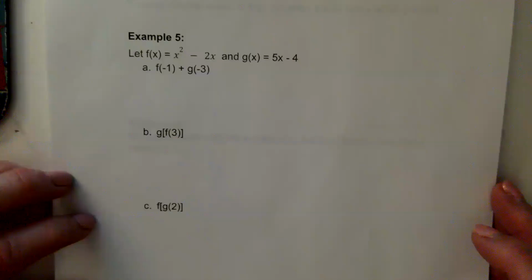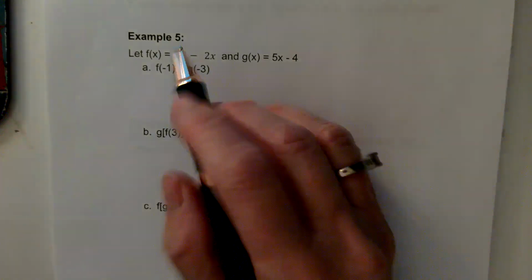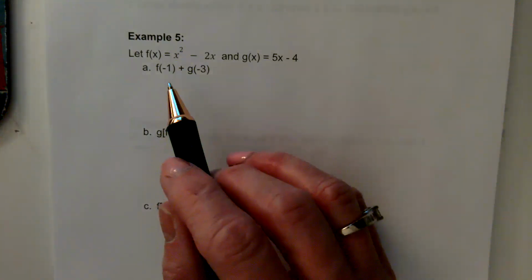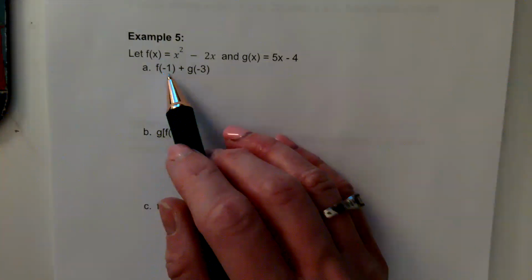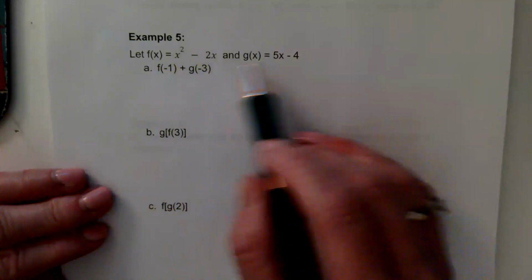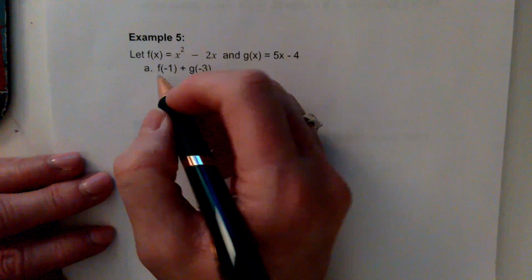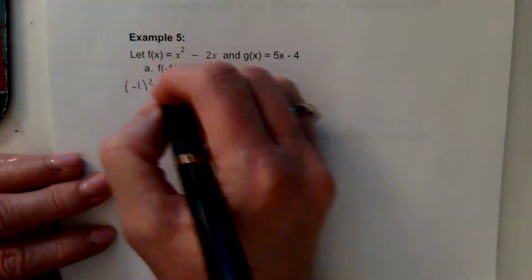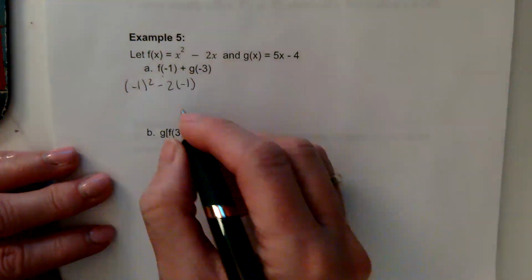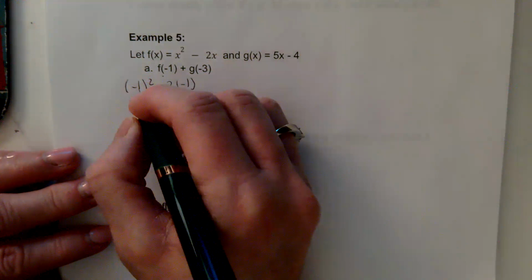Now, in example 5, it says we've got an f function and a g function. And it says we want to evaluate the f function at negative 1 and add that to the g function evaluated at 3. So let's evaluate the f function at negative 1. That'll be negative 1 squared minus 2 times negative 1. Negative 1 squared is 1.